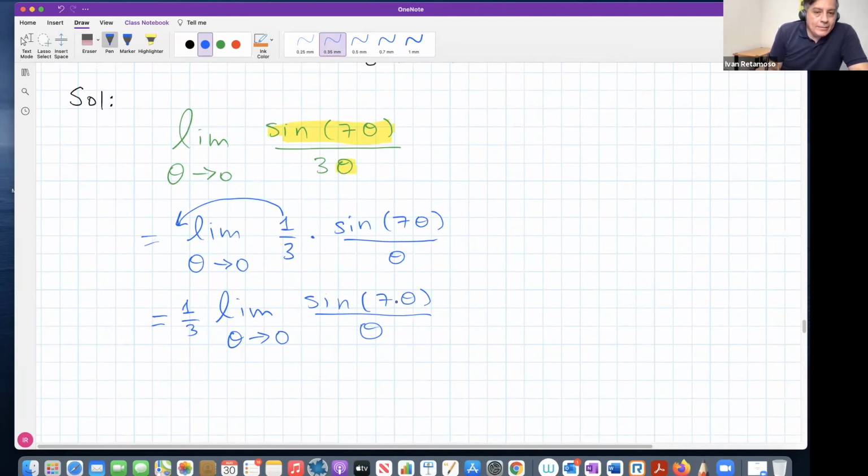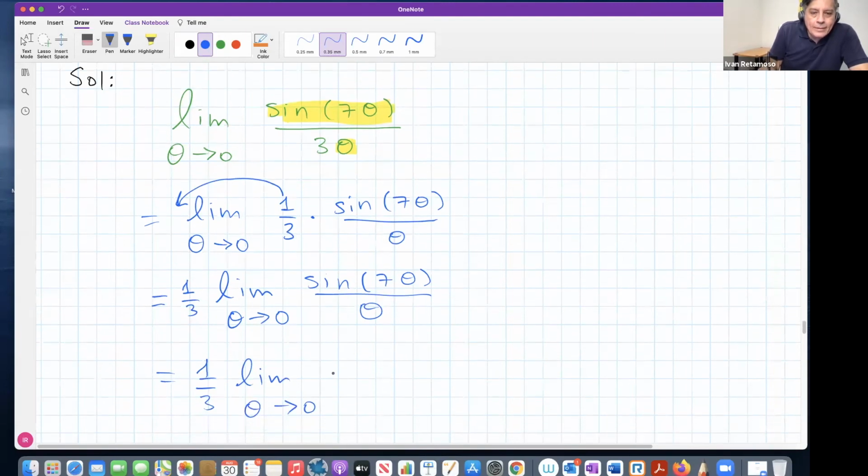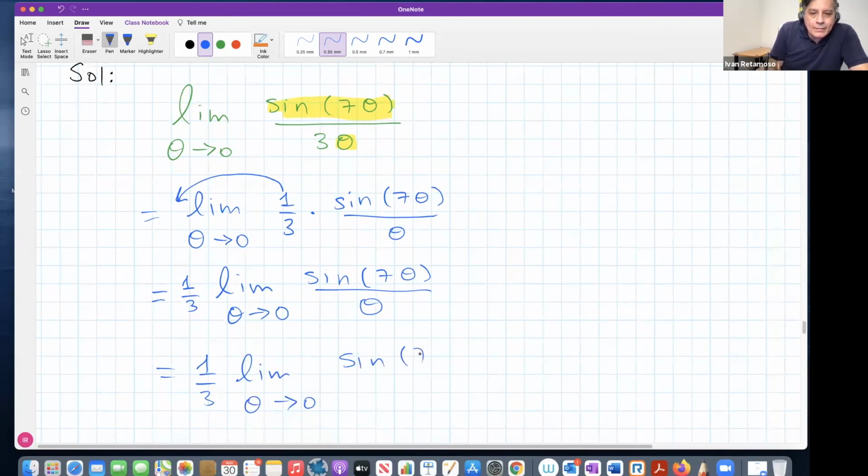So now I know what to do with this guy. Wishful thinking strategies suggest I don't have the 7 here to claim that this limit is equal to 1. If you don't have it there, not a problem. Just put it there. Introduce this number 7 there by doing the following. Sine of 7 theta.